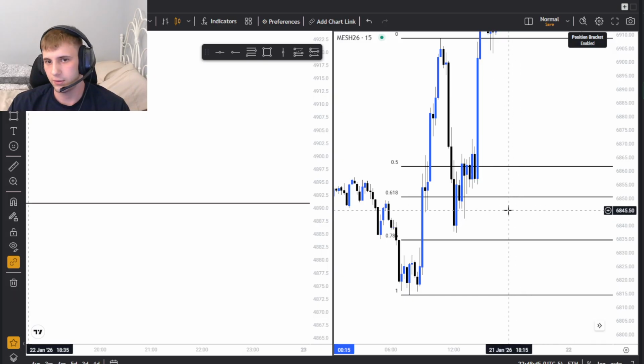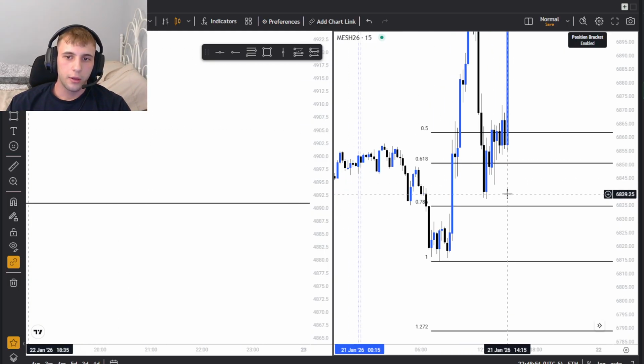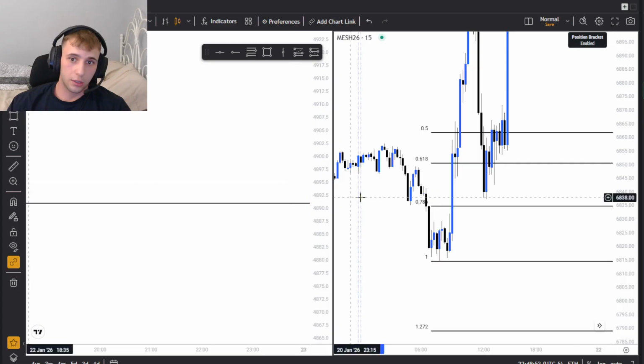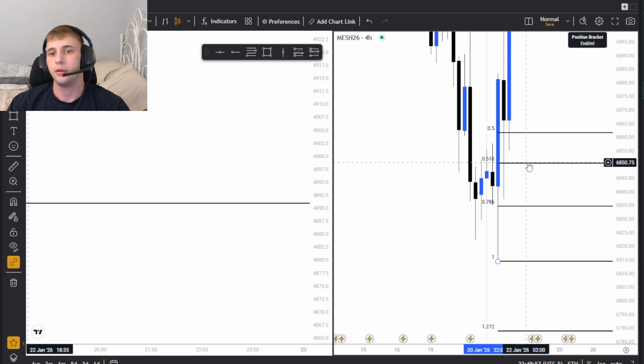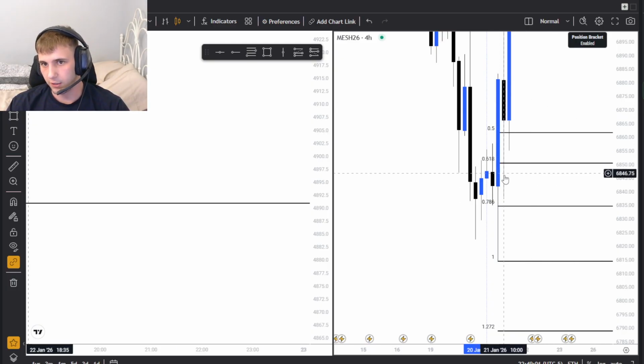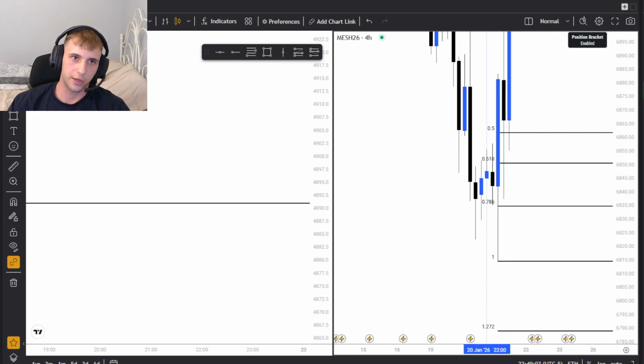It's invalid. It's not considered bad. Now, if it closed below this pocket on the 4-hour time frame, then you should be a little more concerned. If this 4-hour candle closed right here, then you should be a little more cautious.